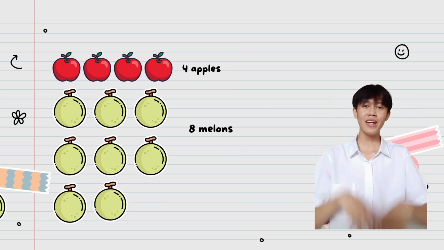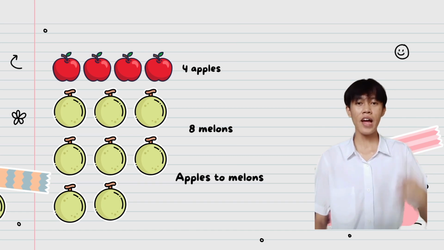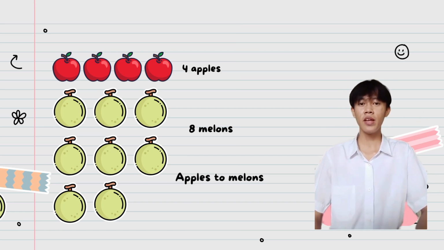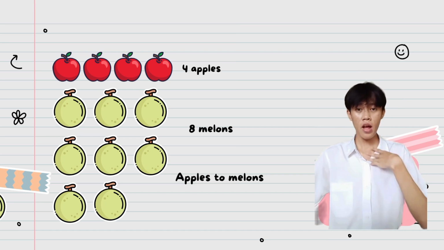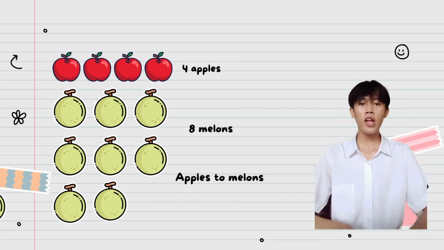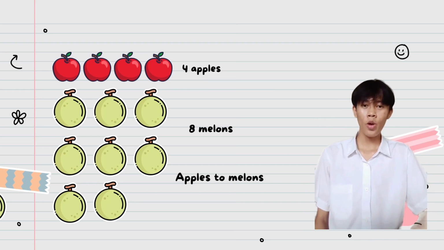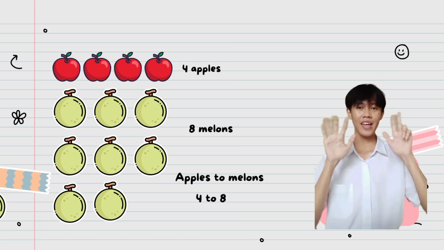So if I want the ratio of apples to melons, since I said apples first, I'm just going to put the number 4, which is the number of apples I have. And then since I have melons last, I just put the number of melons, which is 8. So the ratio of apples to melons is 4 to 8.